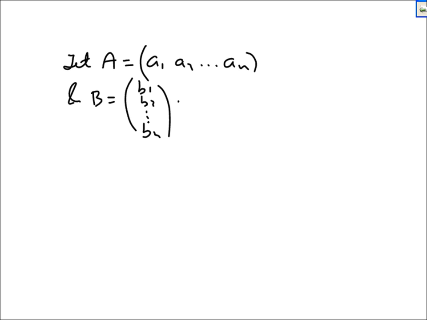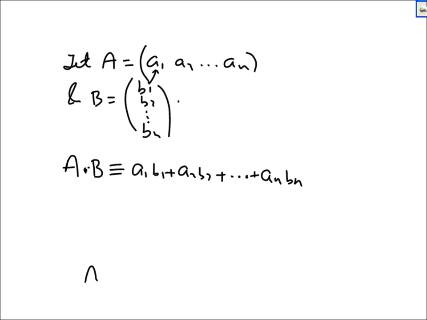So here's the dot product. A dot B is defined to be A1 B1 plus A2 B2 plus A3 B3 all the way up to An Bn.